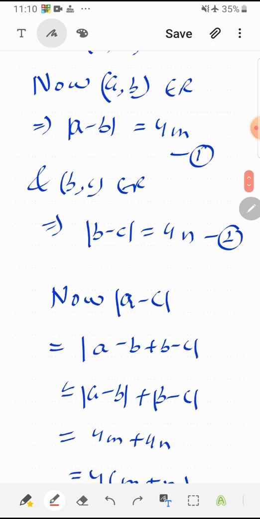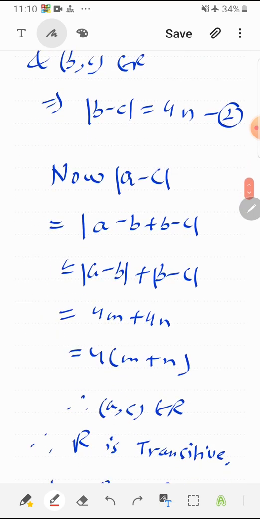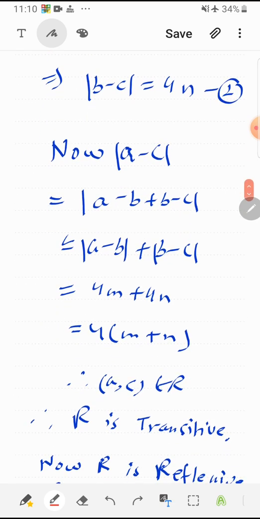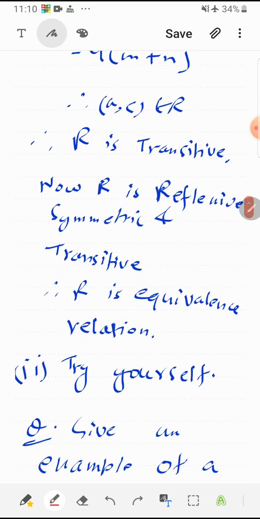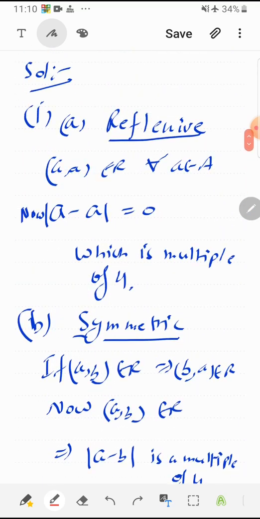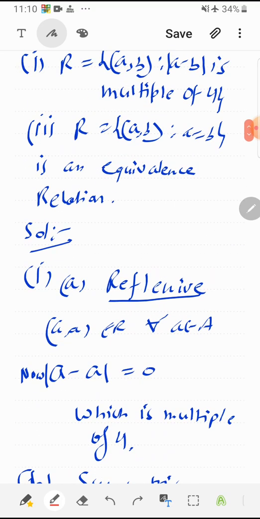So add and subtract b, so that mod of a minus b plus mod of b minus c, which is 4m plus 4n. So it is a multiple of 4, and (a, c) belongs to R. So R is transitive.